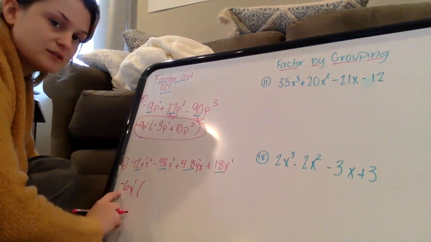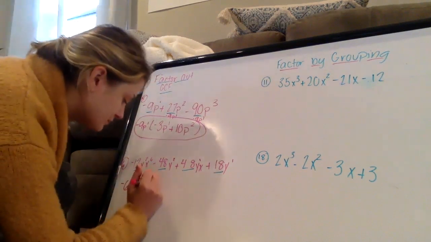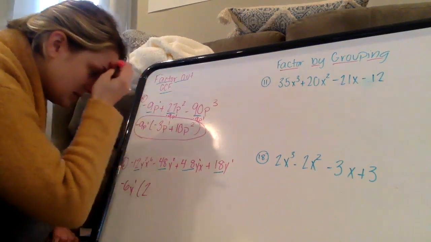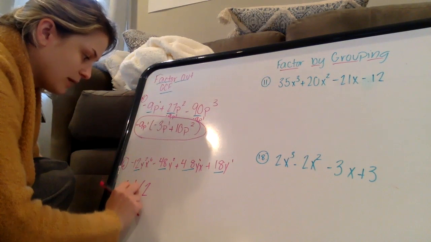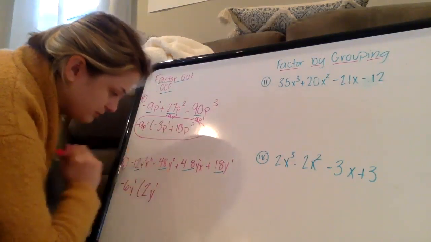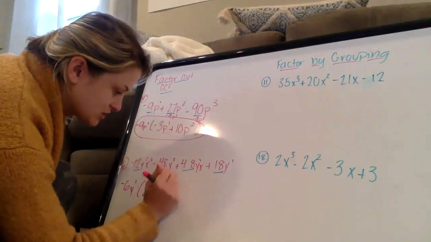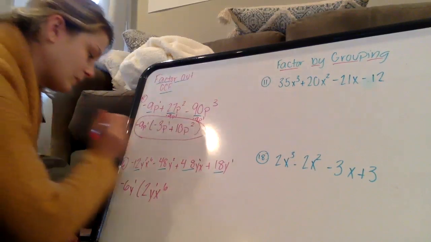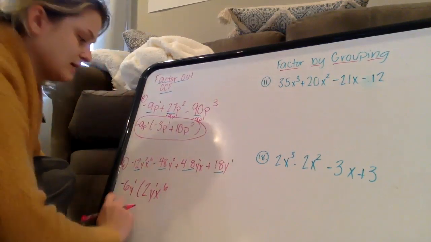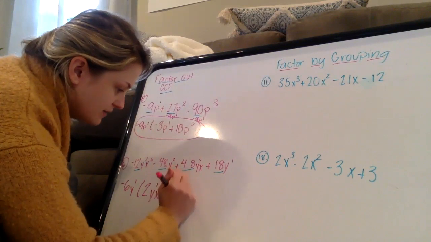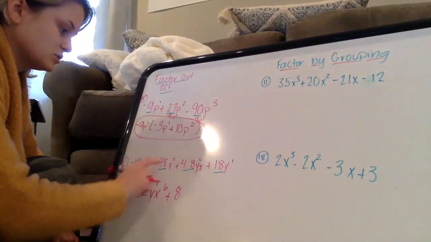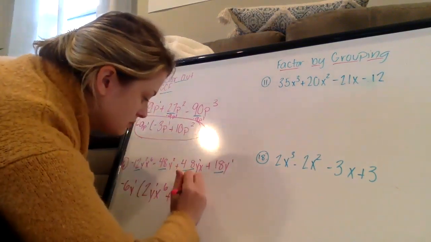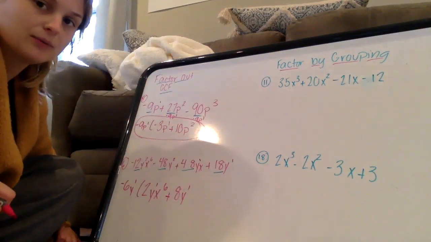So -12 divided by -6 gives you 2. And then you have y squared over y to the first, so that would be y to the first. And then x to the 6 just stays the same. So now -48 divided by -6 gives you +8. y squared, so 2 minus 1, you get y to the first power.